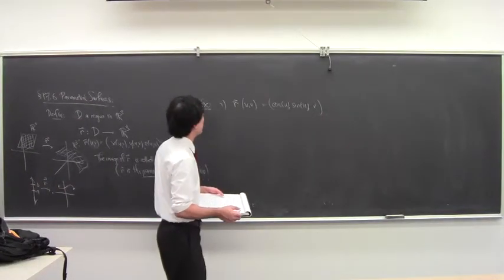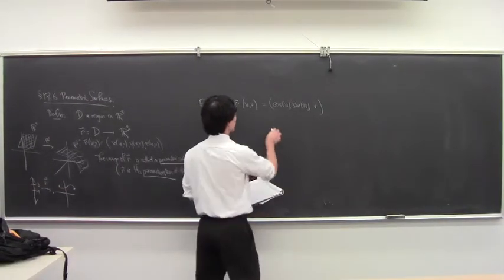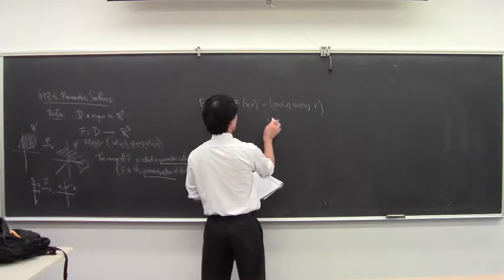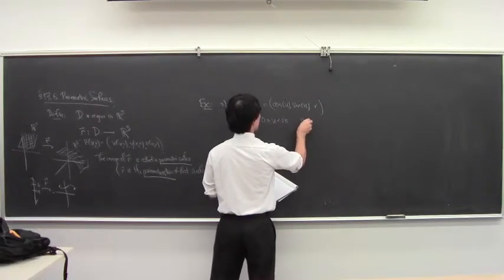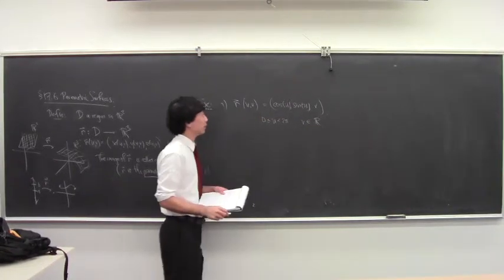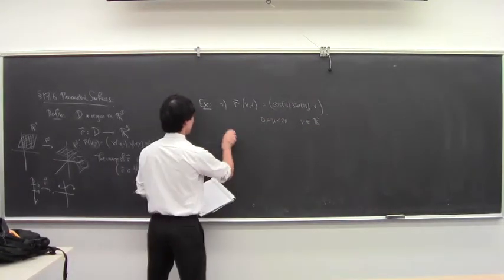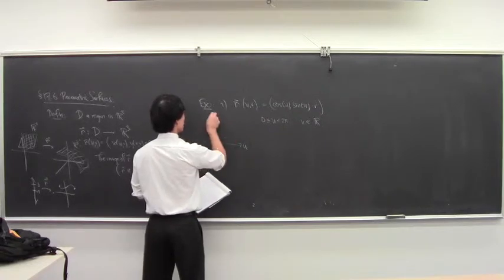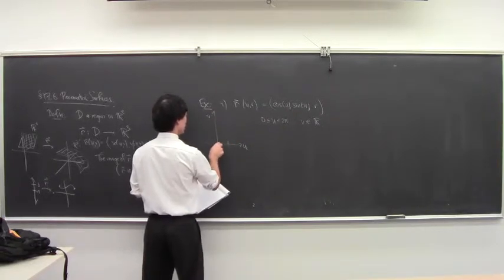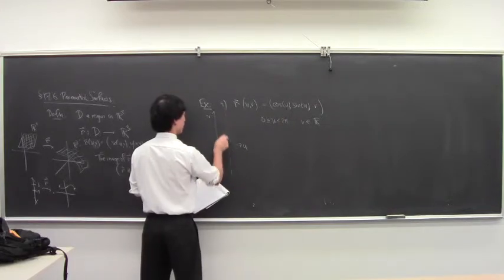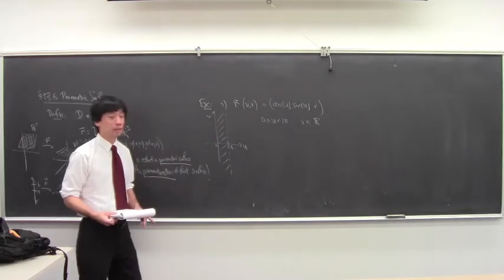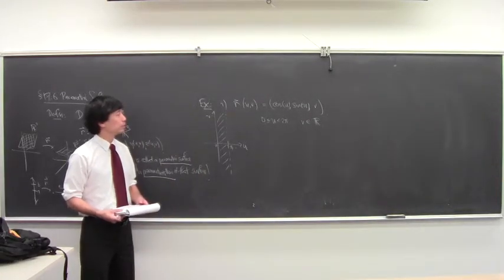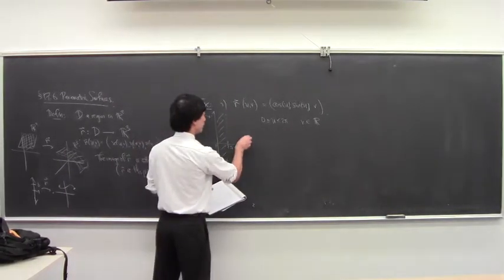Let's say that u goes from 0 to 2 pi, and v is any real number. So u is between 0 and 2 pi, and v is any real number. What does that look like?